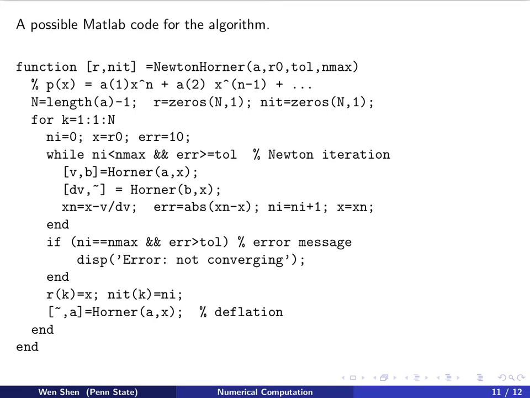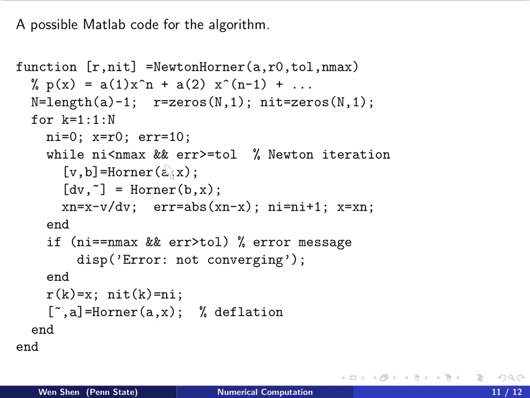Then we go through k from 1 to n to look for each root, assuming they're all real. So ni, the number of iterations, is set to 0. X is r0, and the error is set to be a big number, bigger than the tolerance.